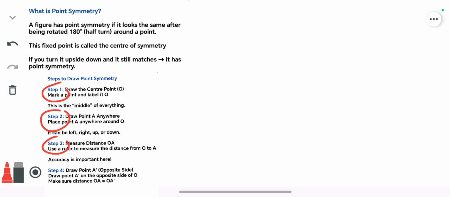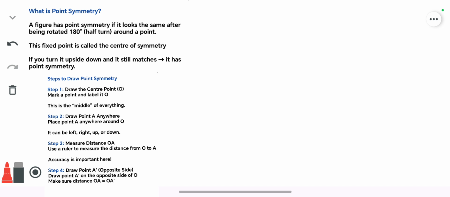Let's start with step number 1. Step 1 says draw the center point, mark a point and label it O.